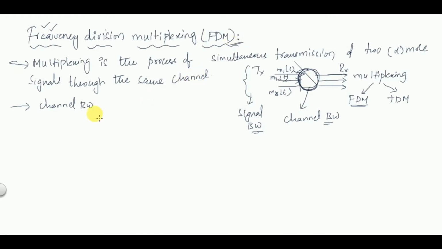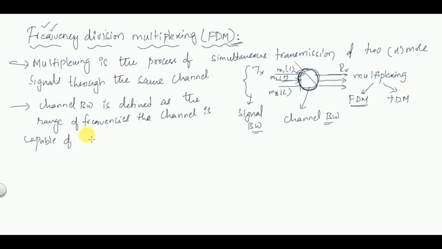Okay, so channel bandwidth is defined as the range of frequencies the channel is capable of transmitting signals without distortion.